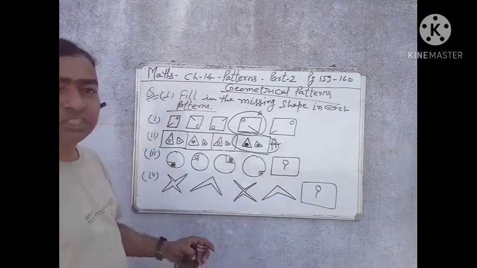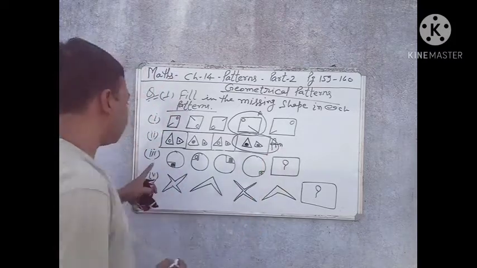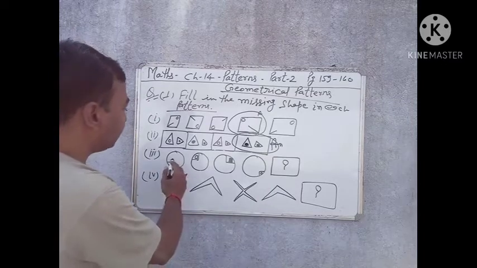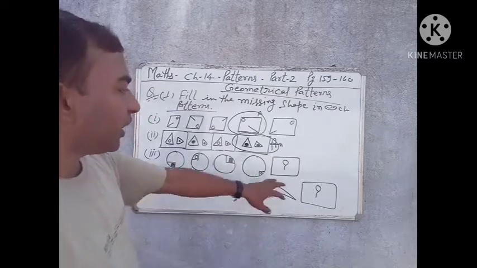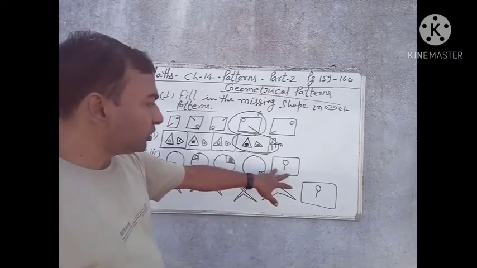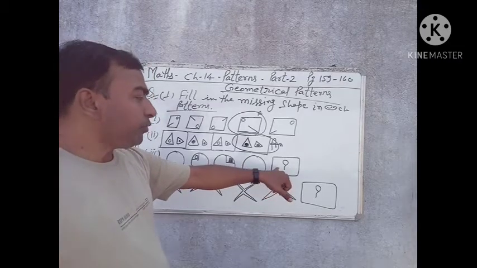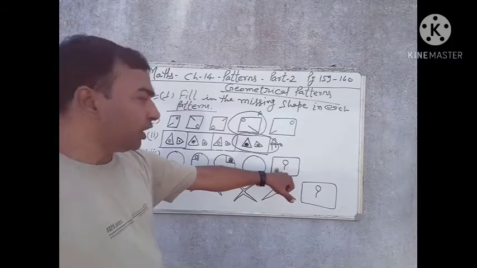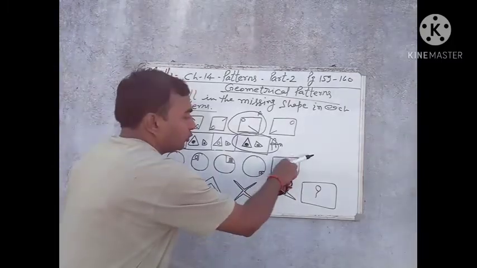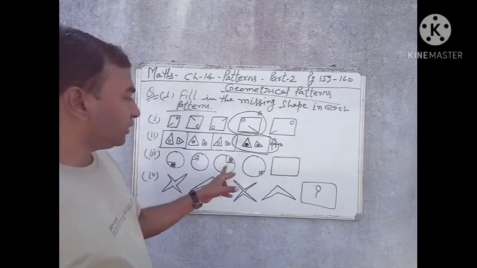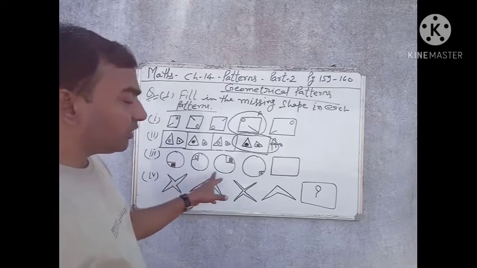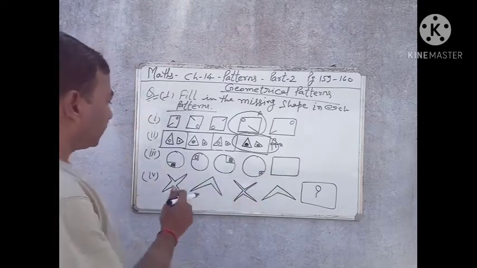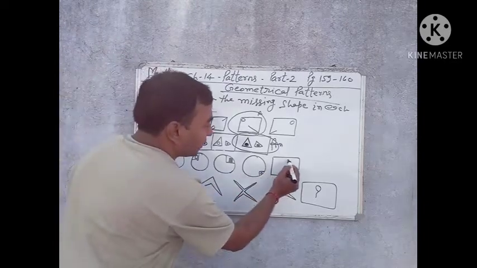Now come to question number 3. You can see that I have drawn 4 circles, and the last box is our question, because I have put the question mark. We have to follow the correct sequence. First we will draw a circle.